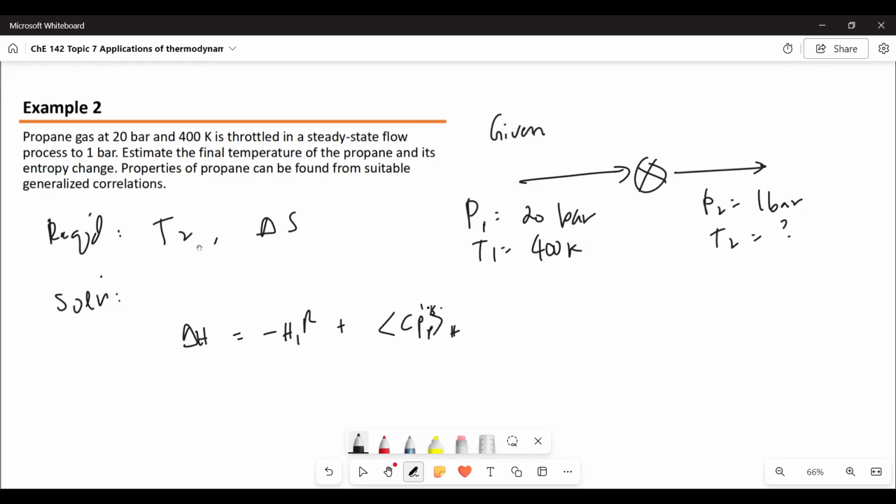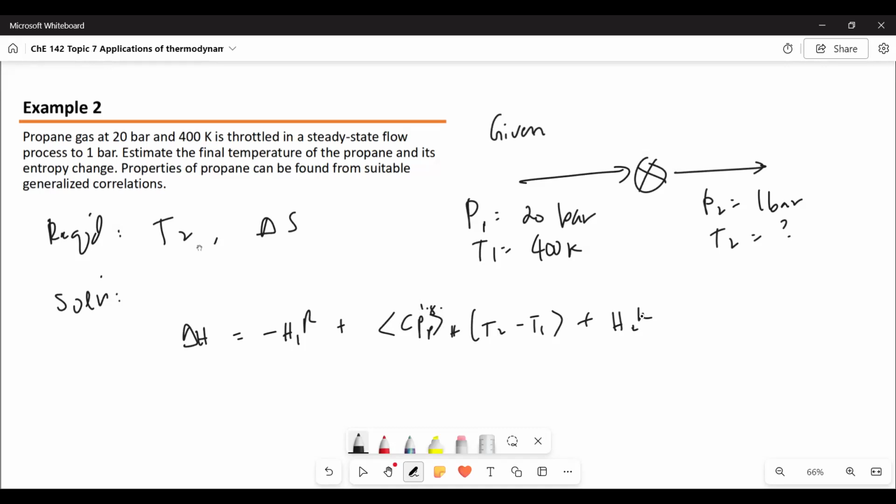This is the complete symbol with the brackets. This is multiplied by T2 minus T1, and then we add residual 2.